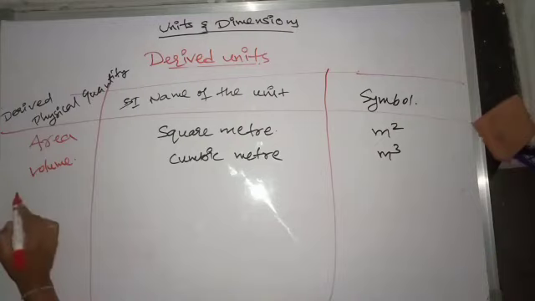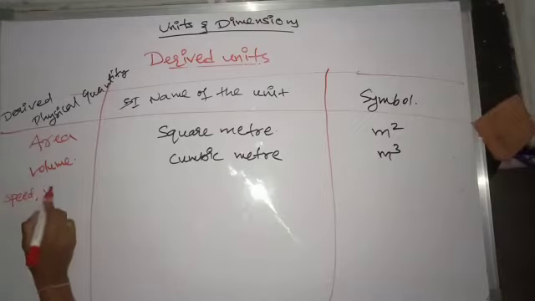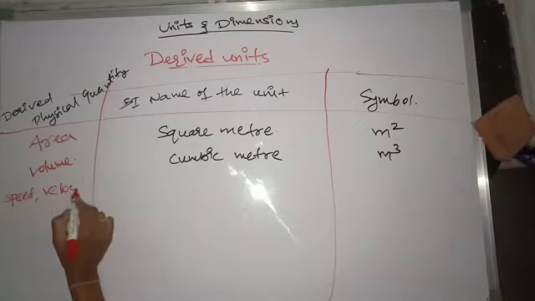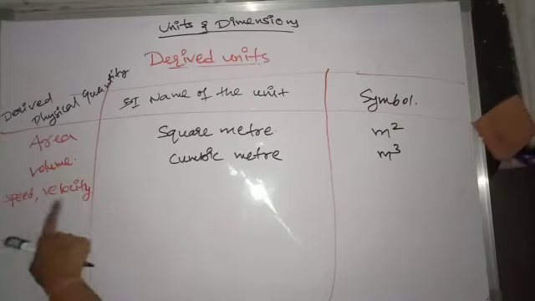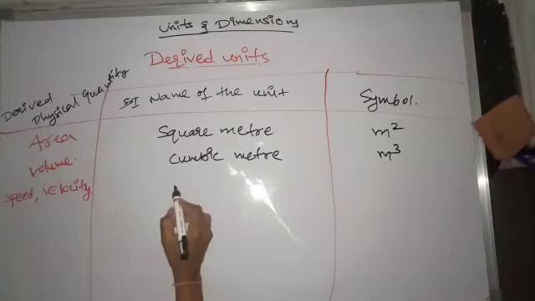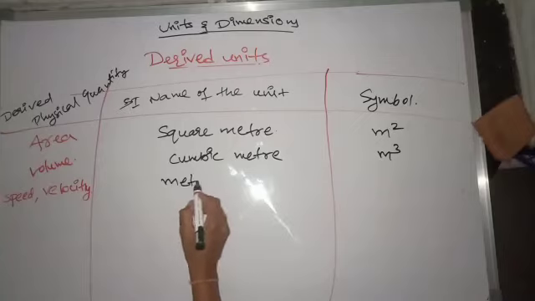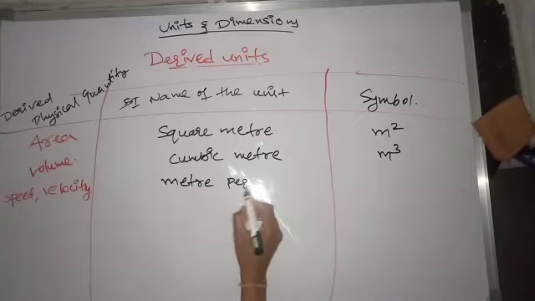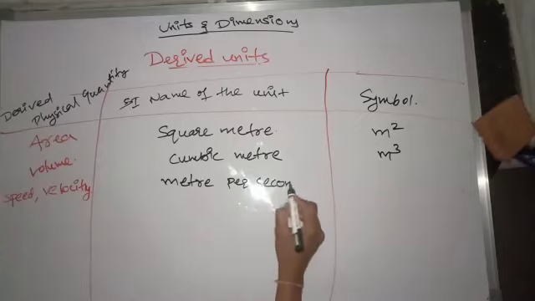And speed and velocity, units for speed and velocity are the same, that is meter per second. You just revise all the definitions.